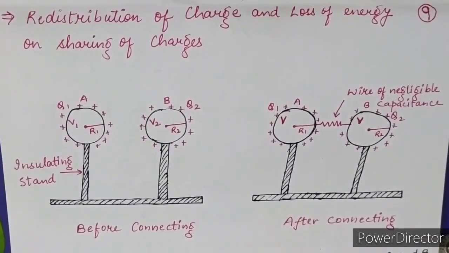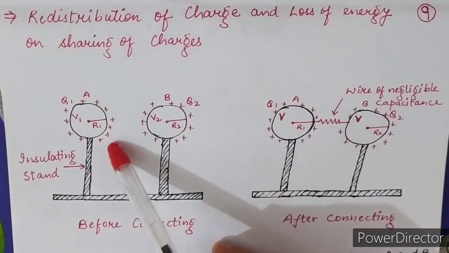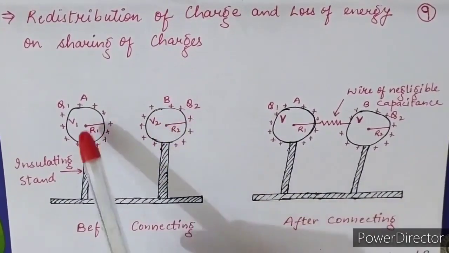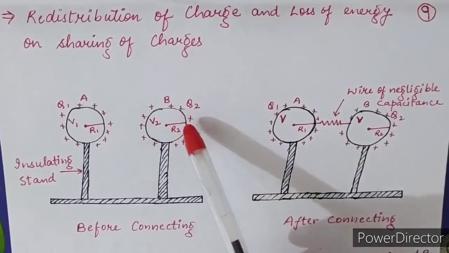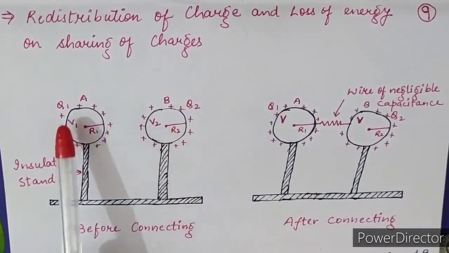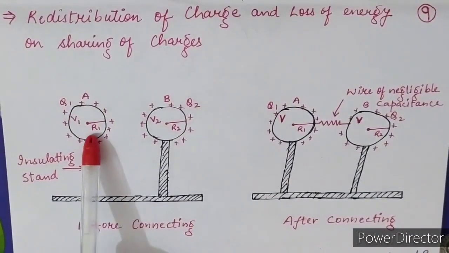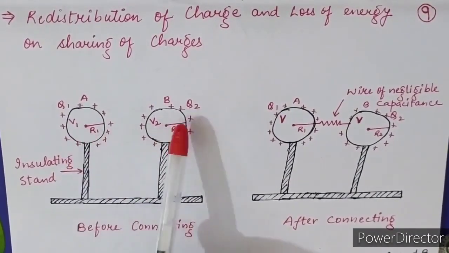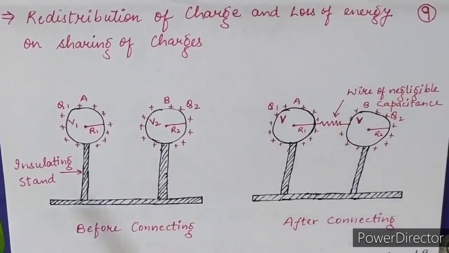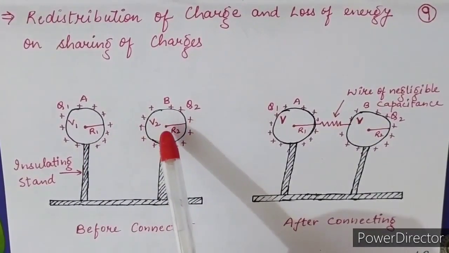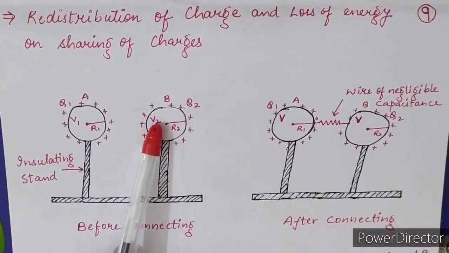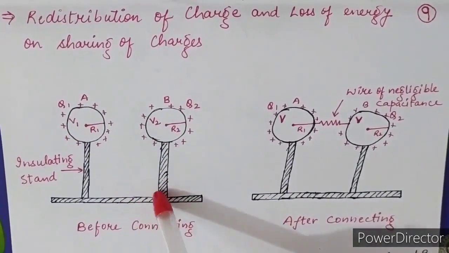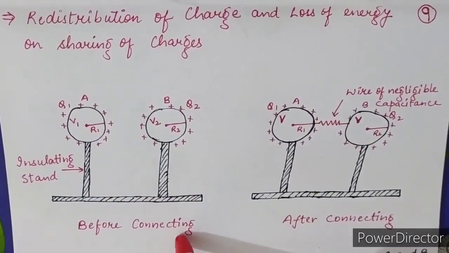So focus on this diagram. Here we are considering two isolated spherical conductors A and B, having radii R1 and R2 and potentials V1 and V2 respectively. Both have capacitances C1 and C2. This is all when they are not connected to each other.